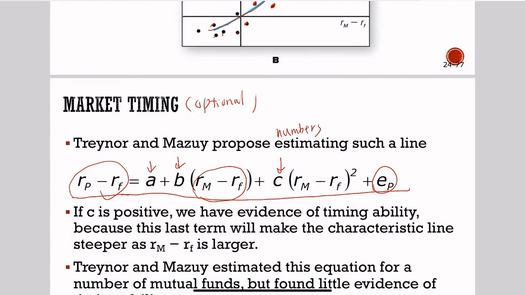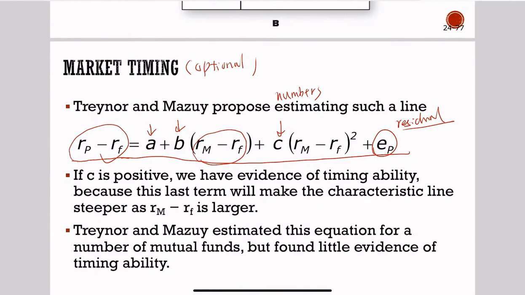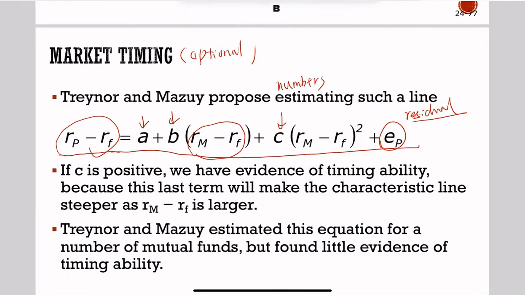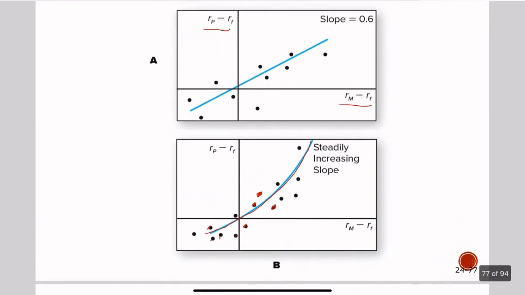And then this is called the regression residual, right? So if you're doing this regression, then your key variable of interest is this C here. So if this C is positive, then it means that the curve will look like this, right?